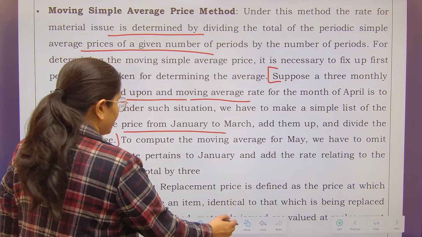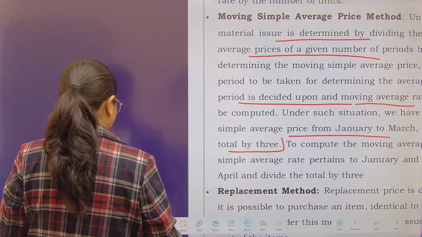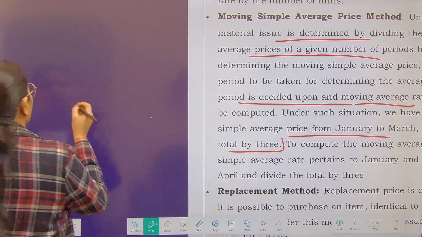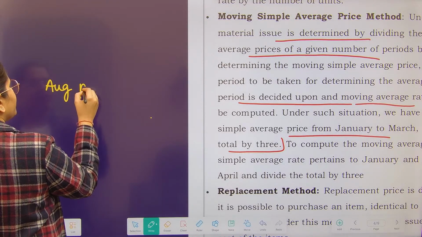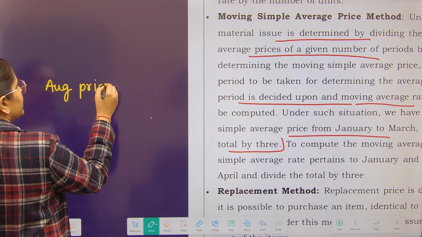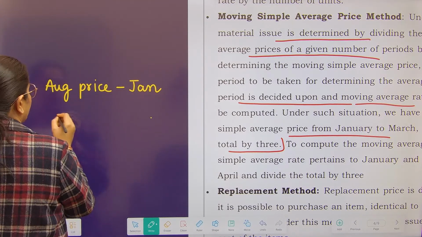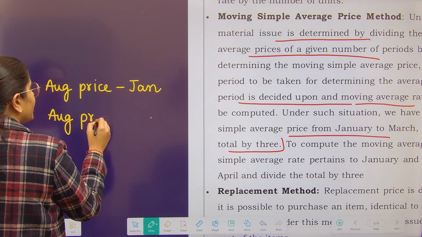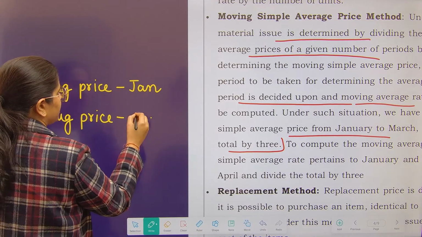That means, see over here, what you will do? You will find out the average price. What is the simple average price in the month of January? You will find out the average price. Average price means you will have to apply simple average in all these months.